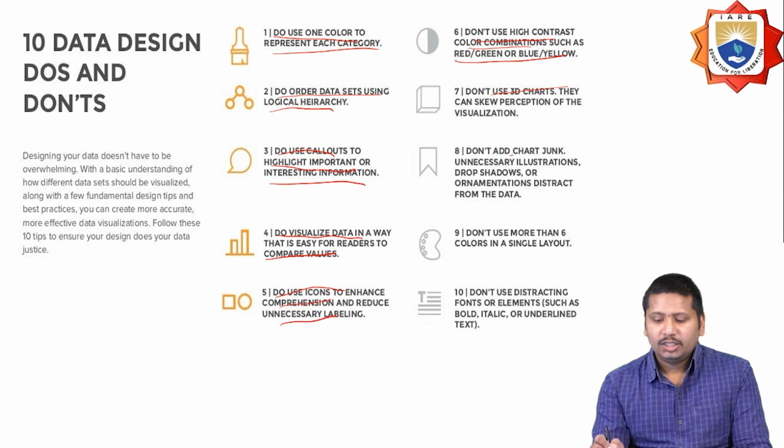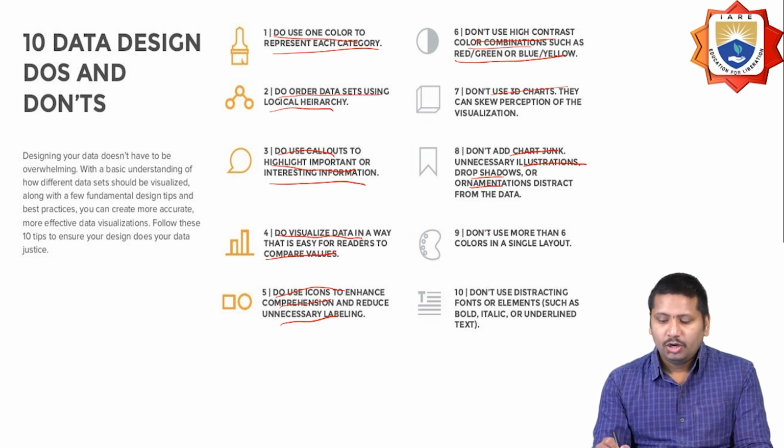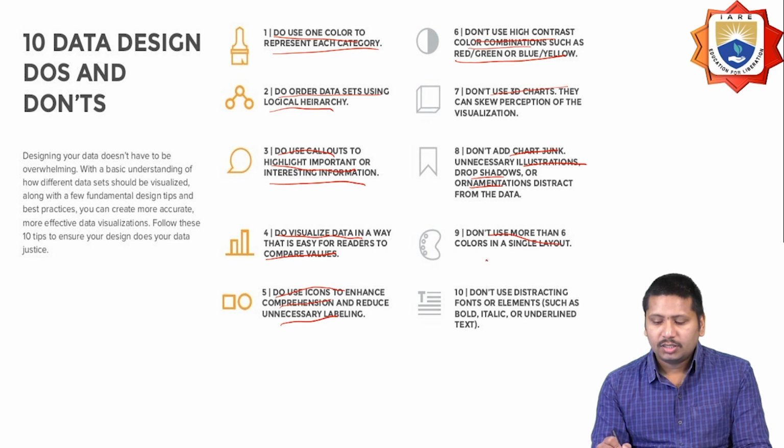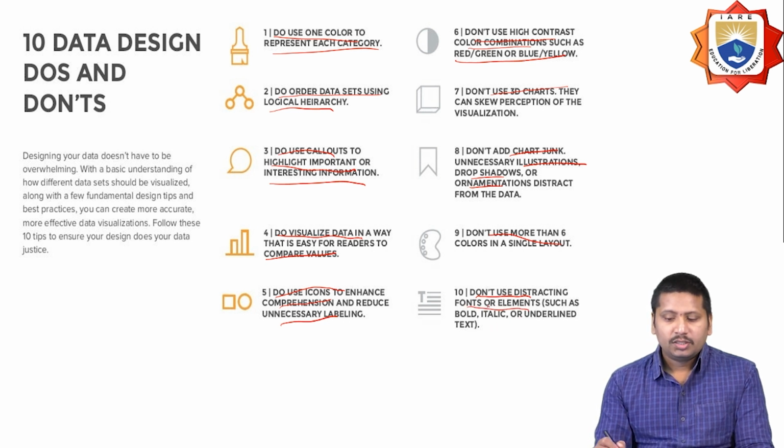Don't add chart junk, unnecessary illustrations, drop shadows or ornaments that distract from the data. Don't use more than 6 colors in a single layout, and don't use distracting fonts or elements. These are some of the do's and don'ts applicable for designing the data.